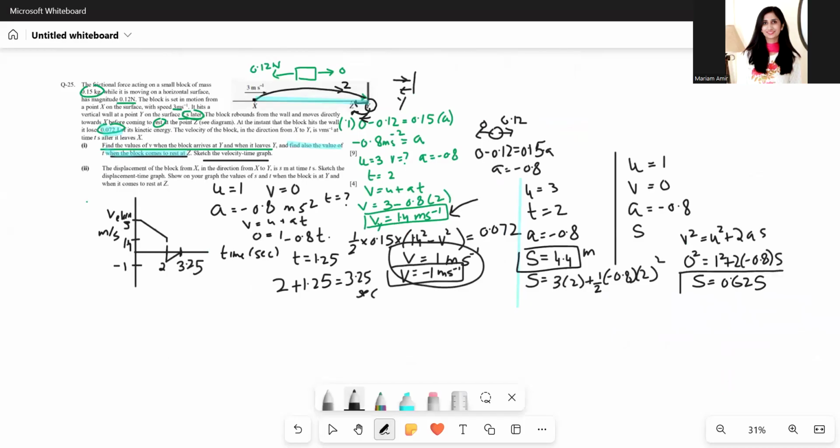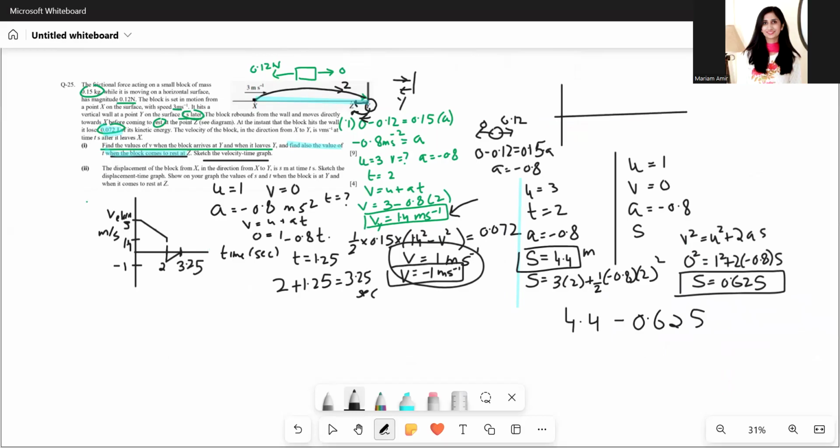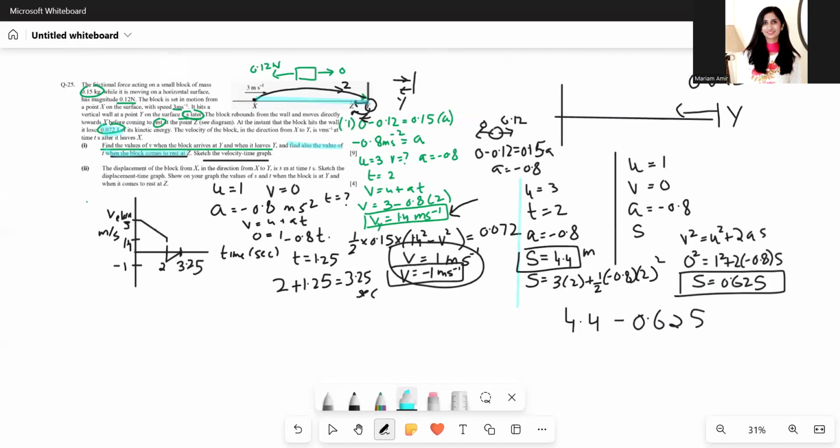Had they asked for it, we would calculate it here, 4.4 minus 0.625, because the distance from the starting point to y is 4.4, and then we move left for a distance of 0.625 meters, and this would be the final displacement, which would be the difference. I think it would be needed in the graph, so let's just write it here. So it's 3.775. Okay, now let's draw the graph.